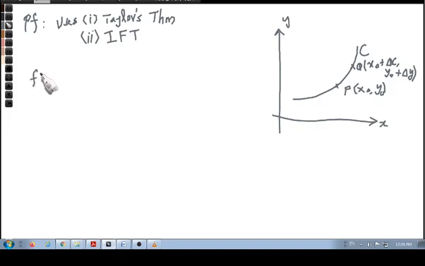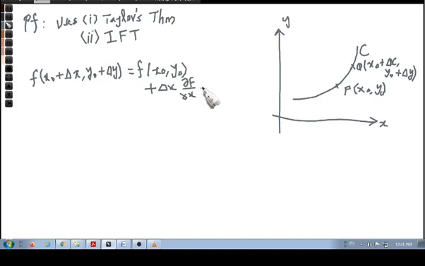So f(x0 plus delta x, y0 plus delta y) equals f(x0, y0) plus delta x into dou f by dou x plus delta y into dou f by dou y plus higher powers of delta x and delta y.